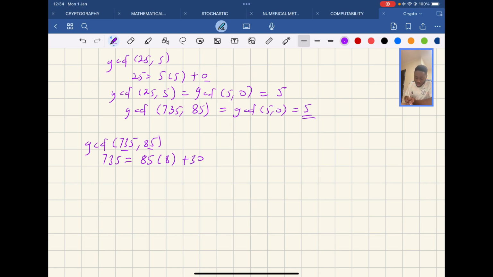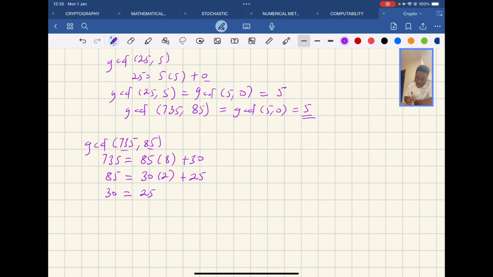Then we write the quotient first, which is 85. So 85 will be equal to, then we write the remainder, 30, how many times will it go into 85? You can see that it is 2, plus a remainder of 25. Now after getting this, write the quotient again. So 30 and the remainder 25.